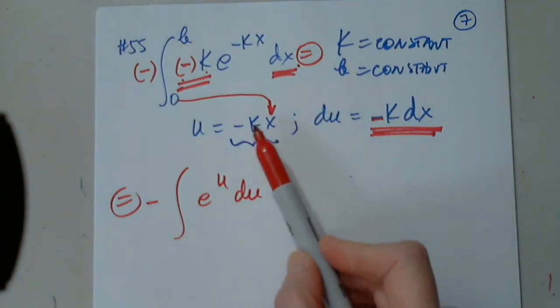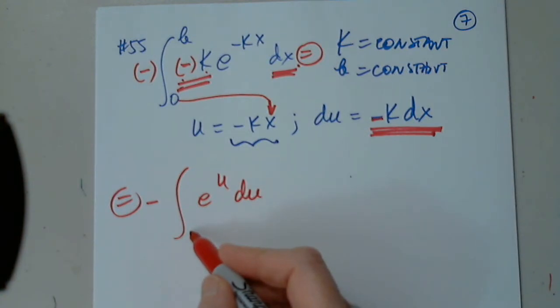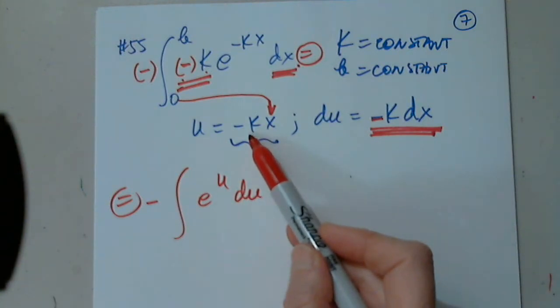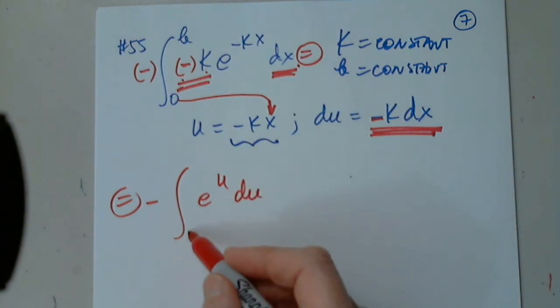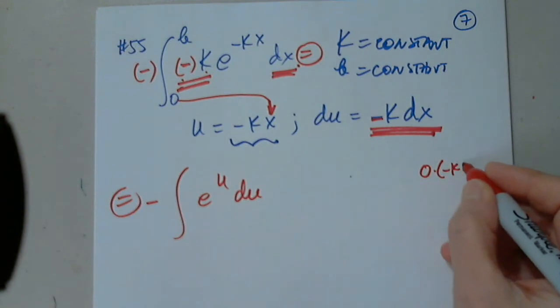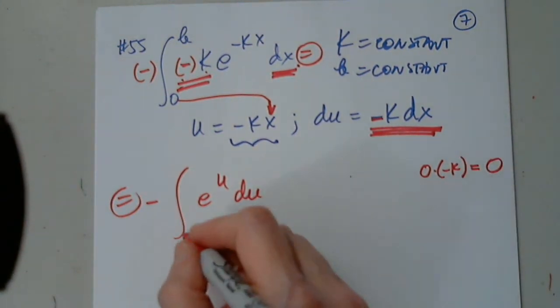How much is 0 times negative k? So we are stuck on 0 times negative k. Can anyone unstick us? 0. Of course.